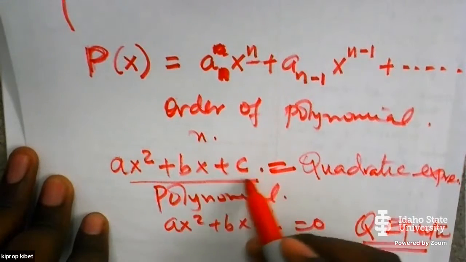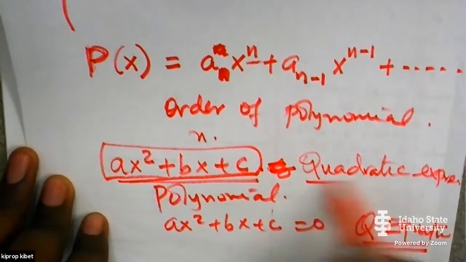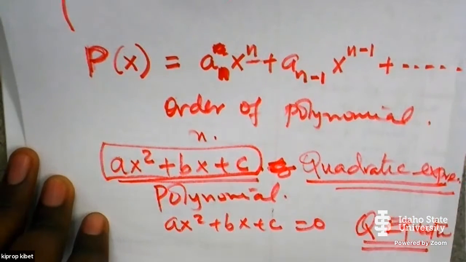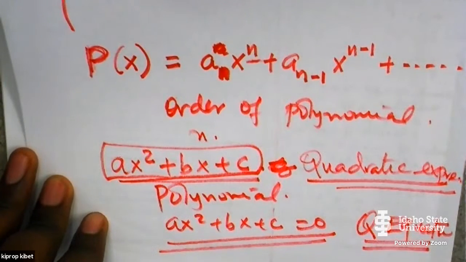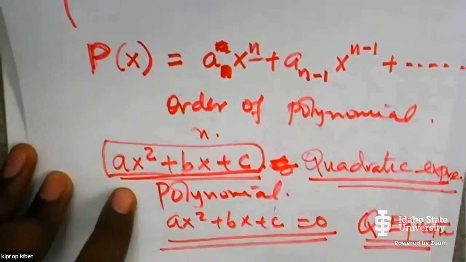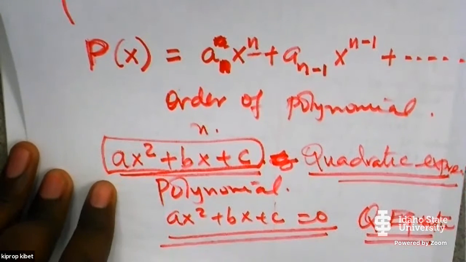If we don't have the equal sign, we call it a quadratic expression. If it has the equal sign, we call it a quadratic equation. So this is still a polynomial, but a polynomial of order 2.